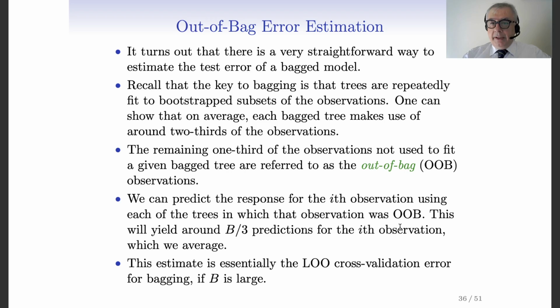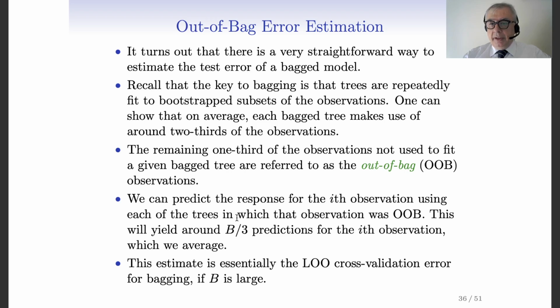Okay, and so we can predict the response for the out-of-bag observations using each of the trees in which that observation was out of bag, and this will yield about B/3 predictions for this observation that we can average. In this way, we have a kind of independent assessment.